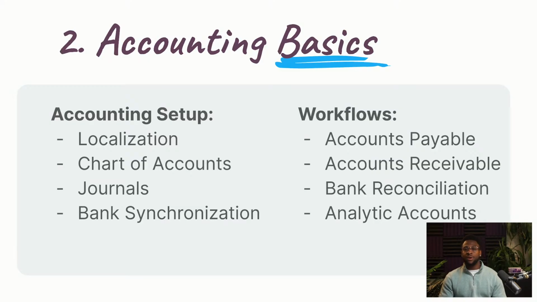From there, we'll focus on our bank sync, in which you'd be able to connect directly to your bank. So you could upload your bank transactions to Odoo automatically, making it easier for your reconciliation process, as we know that can be a terribly mundane task, taking hours, even weeks sometimes.